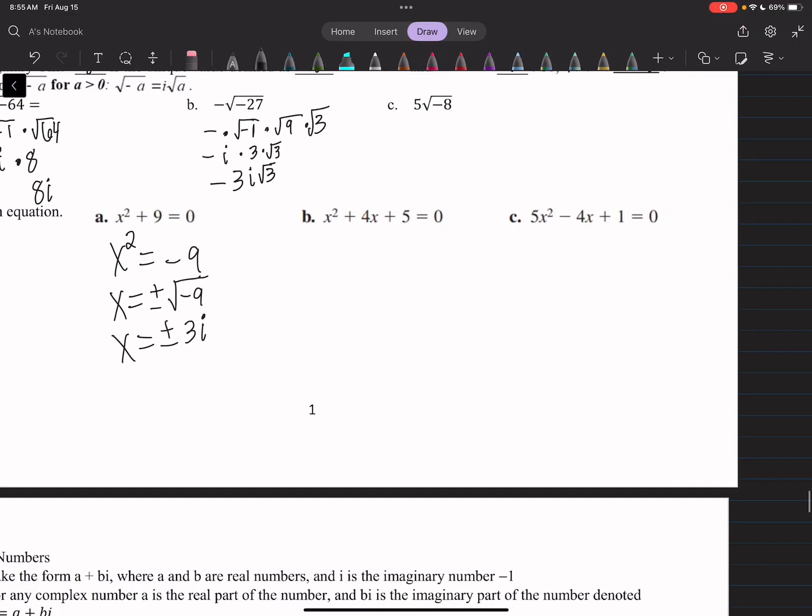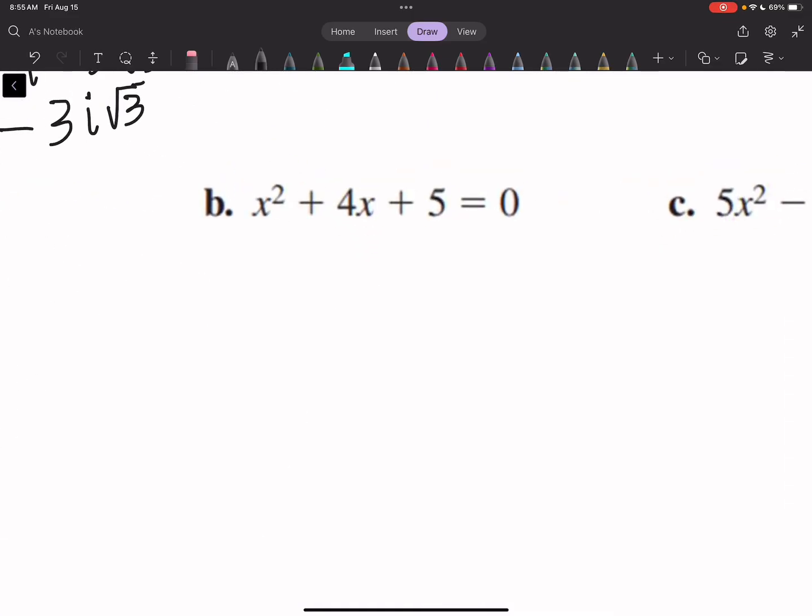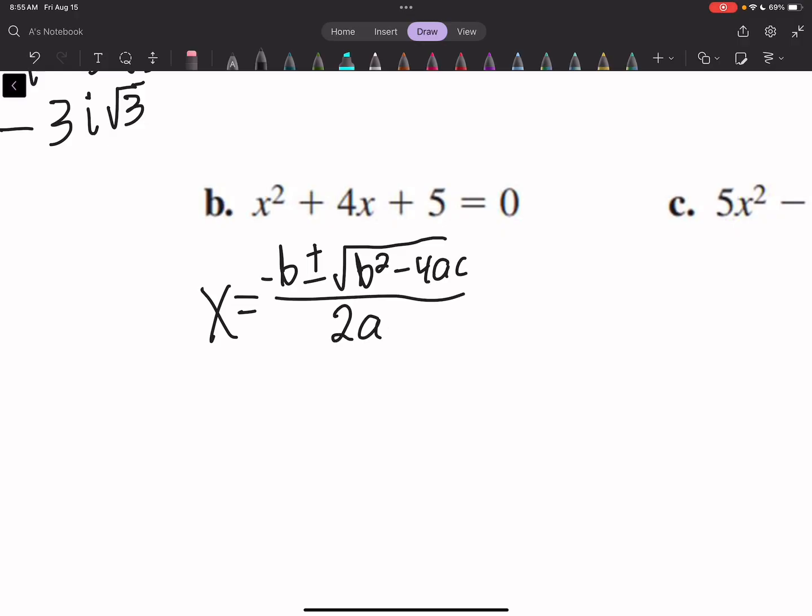All right, part B. You cannot factor this, so we're going to use the quadratic formula. If you do not remember this, here's the tune you need to remember. x is equal to negative b plus or minus square root of b squared minus 4ac, all over 2a. a is your leading coefficient in front of x squared, b is the coefficient in front of x, and c is your constant.